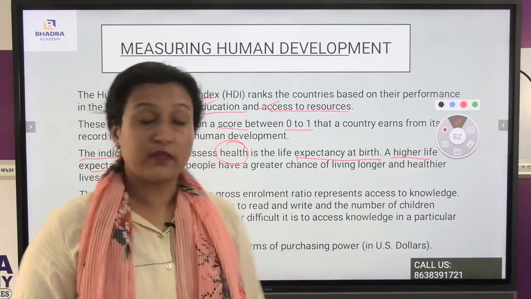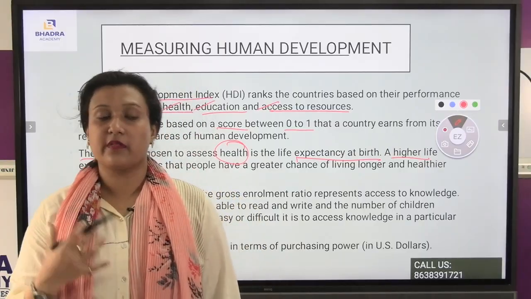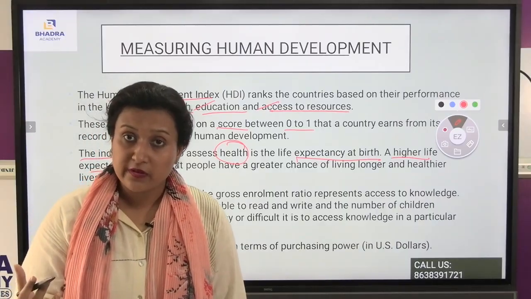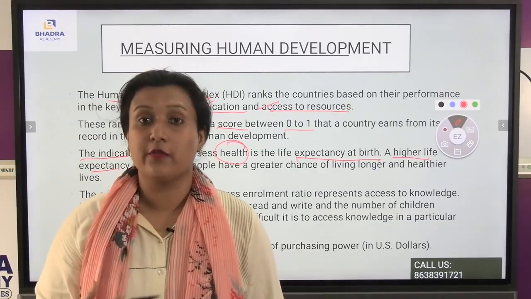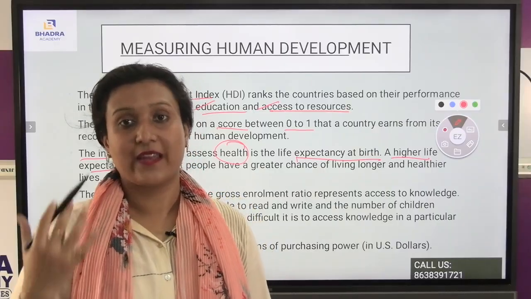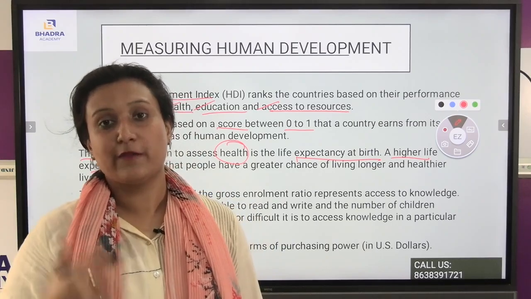Here we will be understanding the adult literacy rate. If a person is literate enough, then he will be working in a particular institute and the productivity level will increase. So each and every person must be educated enough so that they can read well, write well, and work in an institute properly with enough skills.